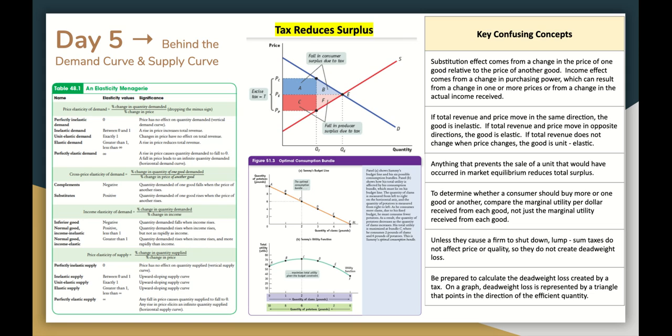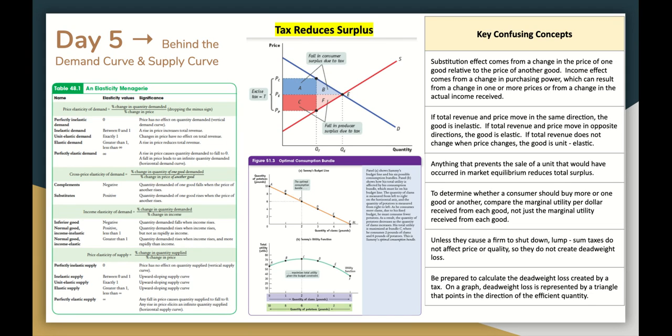A second type of elasticity of demand is cross price elasticity of demand. What cross price elasticity of demand shows us is the relationship that one good has with another. Are these goods substitutes? Are these goods complements? Or are they completely unrelated?